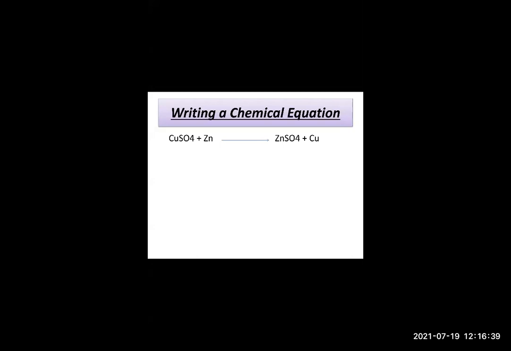So if reactants and products are in the form of solution, suppose that is in the form of water, what you can write? Aqueous. Okay. So inside the bracket, you can write AQ. AQ stands for aqueous. Okay. So in that way, these are the symbols to write the chemical equation to make it more clear to others who are reading it.